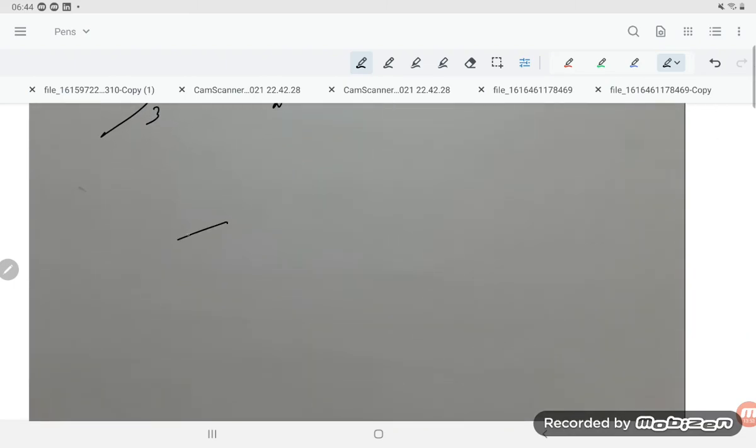If suppose one more compound I am writing, students, this one. See here the Br is there, and this is the compound. So how can we write this, students? If you are doing the name, how can you do 1, 2, 3, 4, 5, 6, 7, on the same compound?